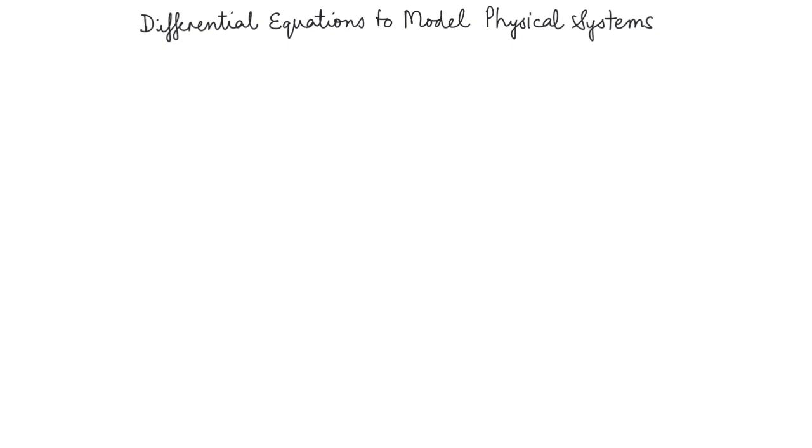Okay, so the first system that I want to look at is basically a spring mass damper system. Imagine that you have a wall here, and there is a spring hanging from it, and at the end of the spring you have a mass attached, and the mass is m.